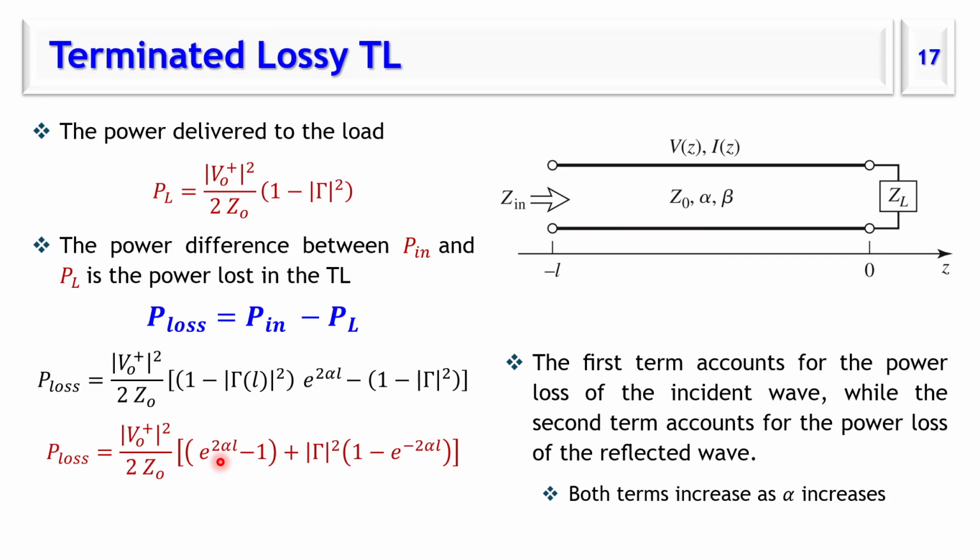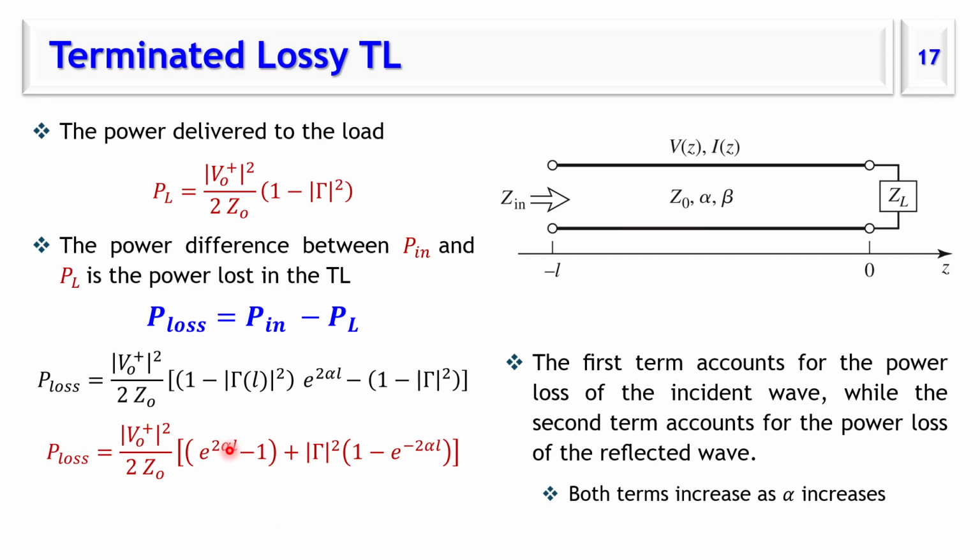So the first term accounts for the power loss of the incident wave. The second term accounts for the power loss of the reflected wave. If you look here, this component is the power loss for the reflected wave, and this is the power loss for the incident wave.